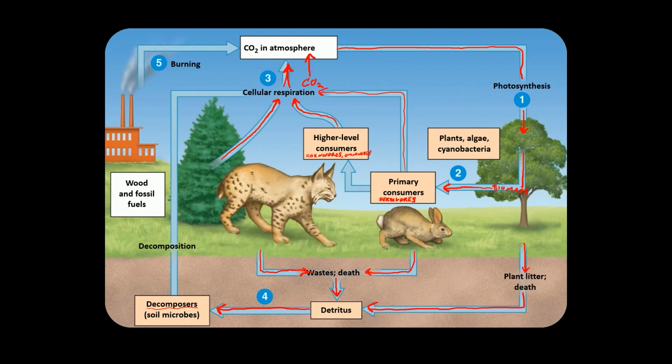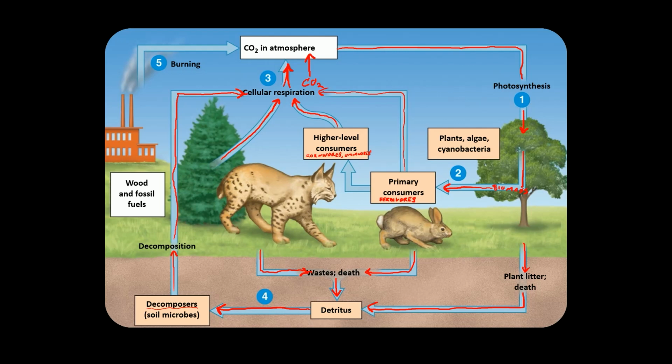So now we have the lithosphere involved as well. We have the atmosphere, the biosphere, and the lithosphere. This not only creates a nice nutrient-rich soil, but decomposition also creates carbon dioxide and methane and other gaseous carbon-based compounds, which then go into the atmosphere and completes the cycle once again.